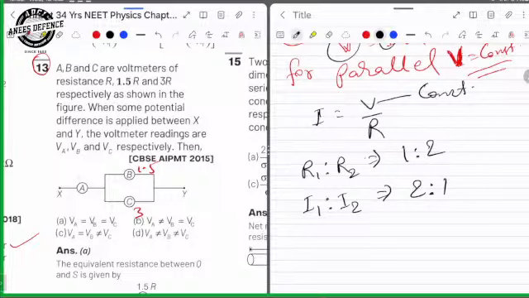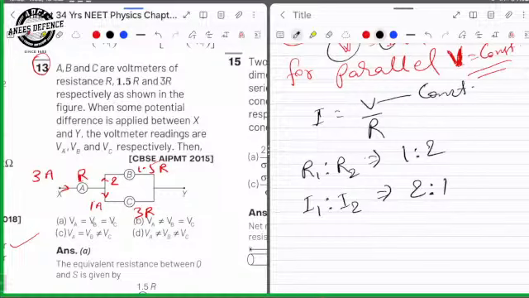And here resistance is R. I have taken current as 3 ampere, so that 3 ampere will be divided in 2:1 ratio. So from the lower resistance, current will be 2 ampere, and from this side, current will be 1 ampere. Resistance ratio is 1:2, so current ratio is 2:1.